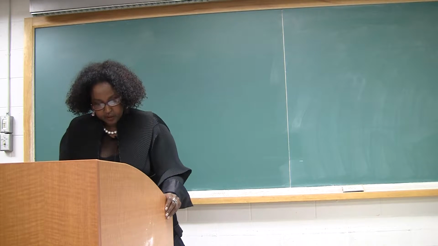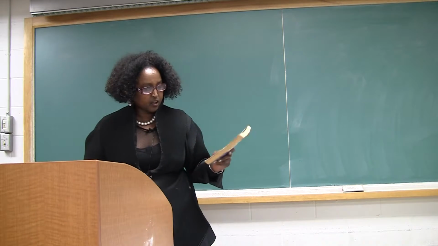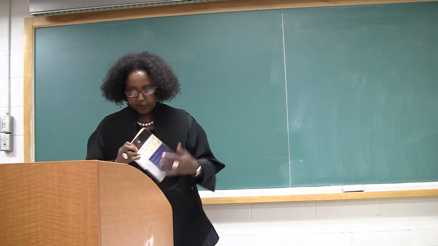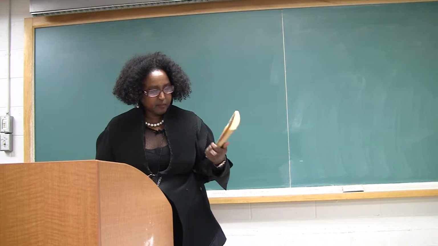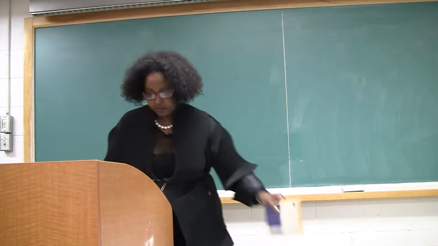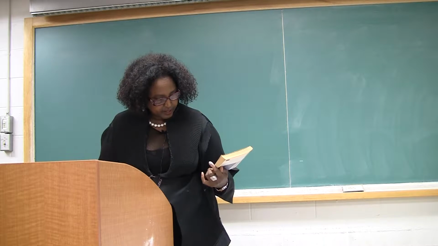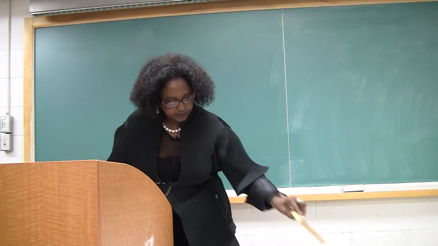And here I'm quoting from this very interesting book called The Color Complex. This also really is a book that shows the much broader but hidden color dynamics within the African American community. So here I'm quoting from Russell, Wilson, and Hall's The Color Complex.